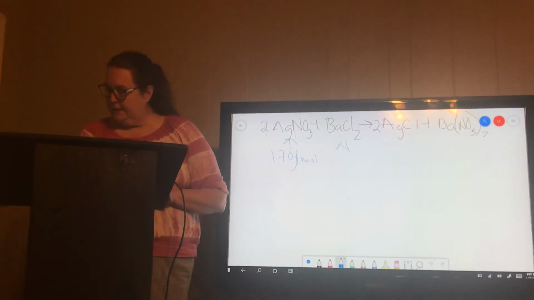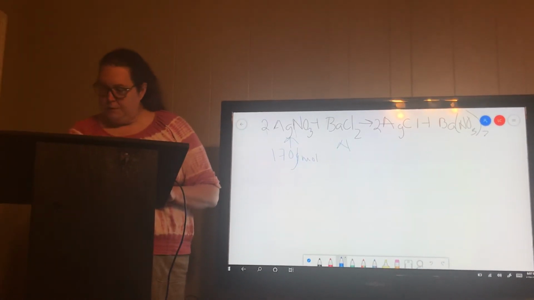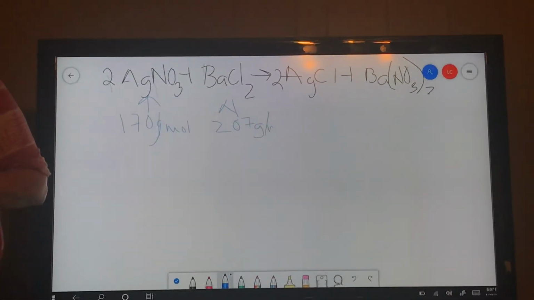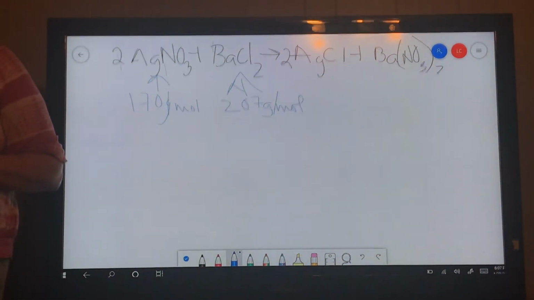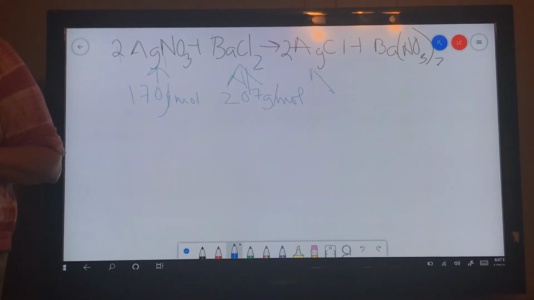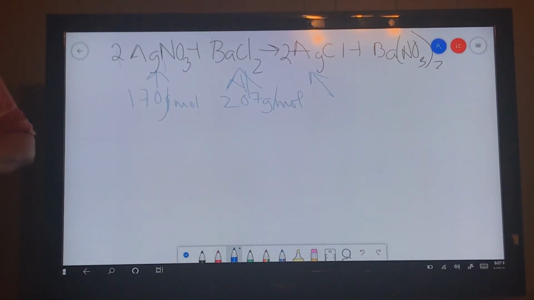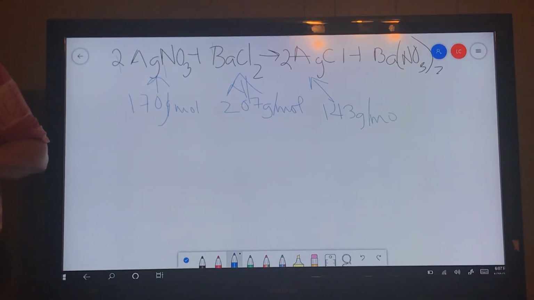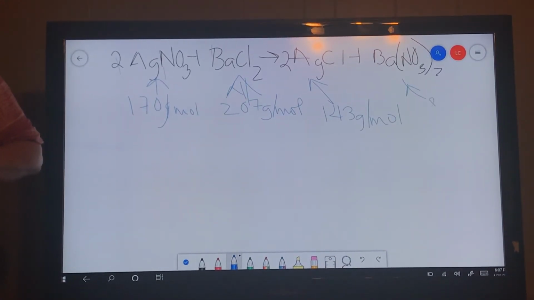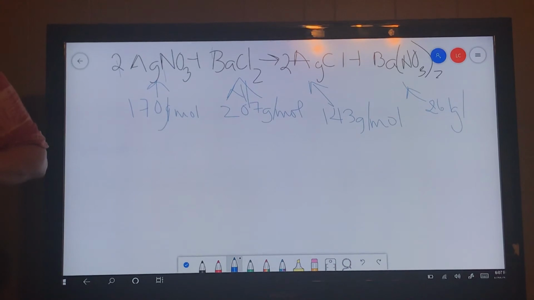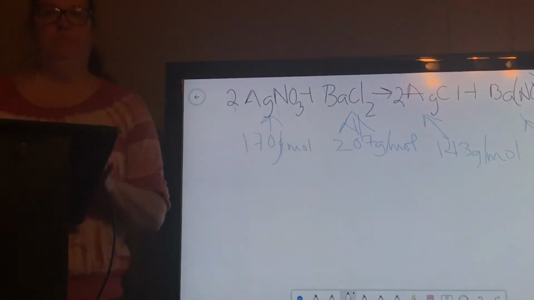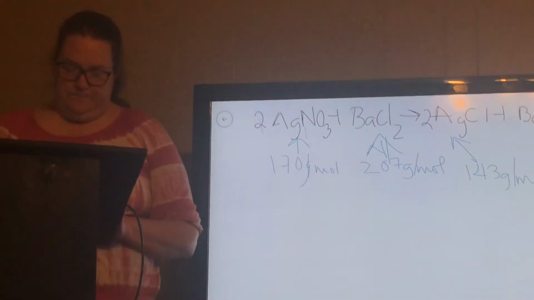This one is 207 grams per mole. This one is 143 grams per mole. And then barium nitrate is 261 grams per mole. Now, I may not need all of those, but I've got them there in case I do.